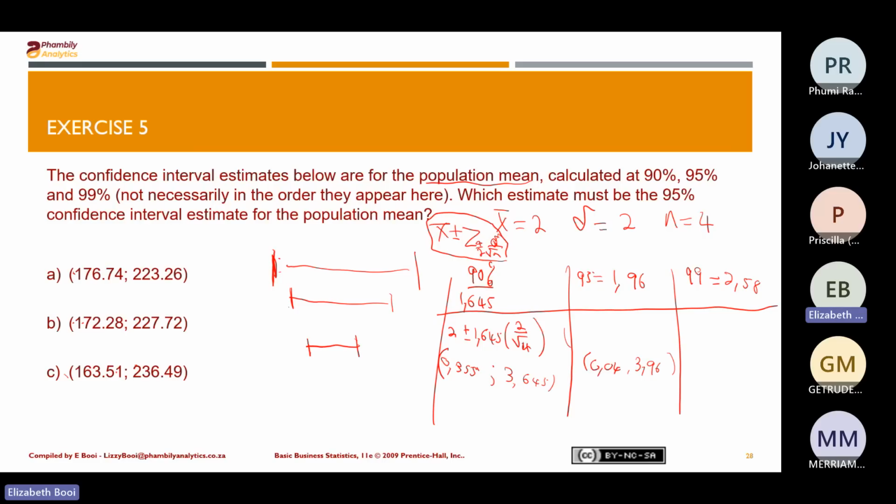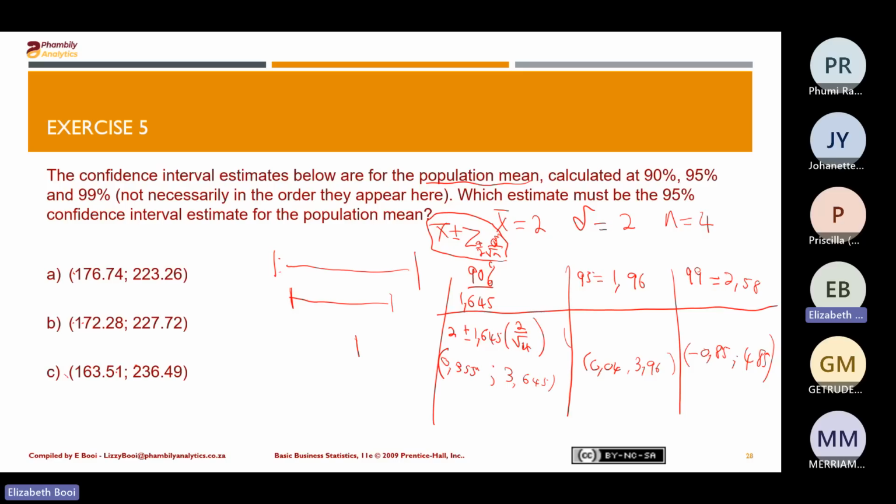Then I do 2.58, and I get minus 0.85, and on the plus side I get 4.85.